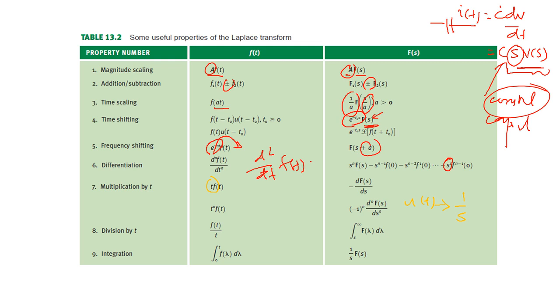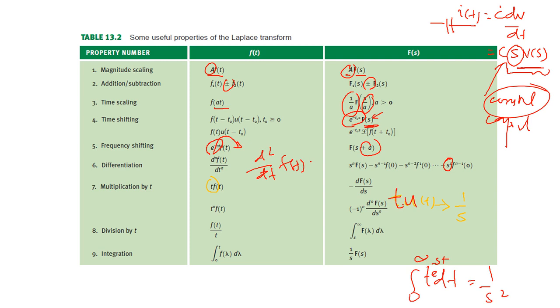So if we have u of t multiplied by t, we have already done this before: we had the integral from 0 to infinity of t dt and e power minus st. What was coming from this? s square. Why was it coming? Because we had introduced a t with a constant value.